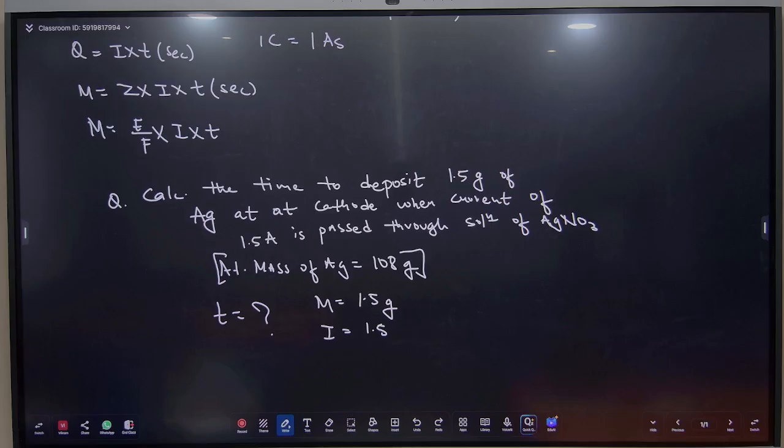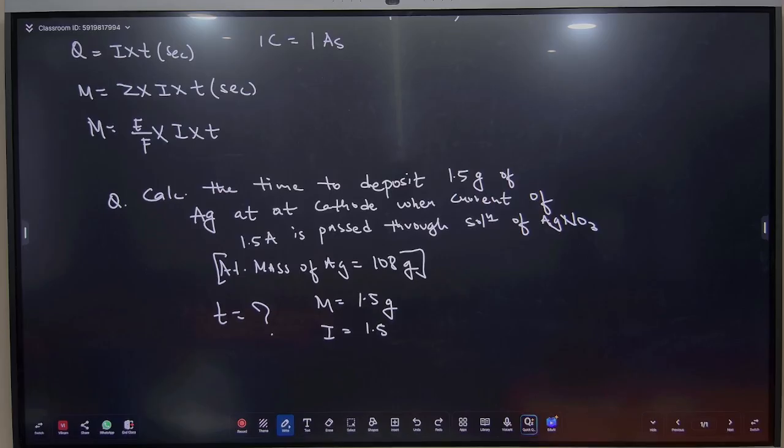Sir, is it 15 minutes? Okay, I'll check, waiting for others also to solve. Shreyan, you are giving me an approximate answer.